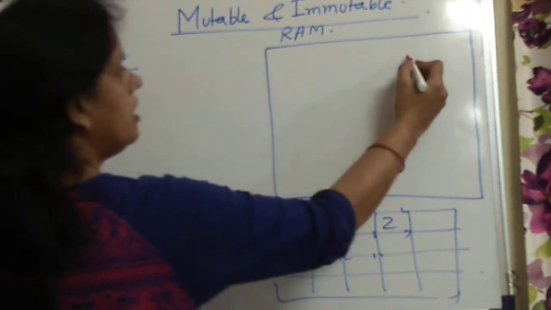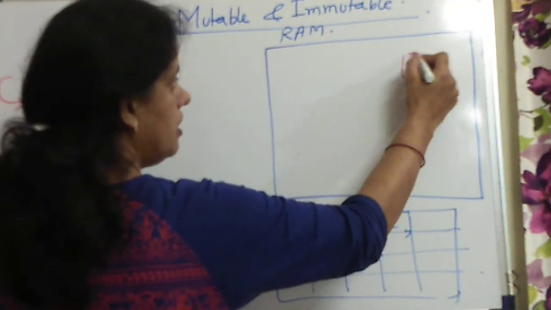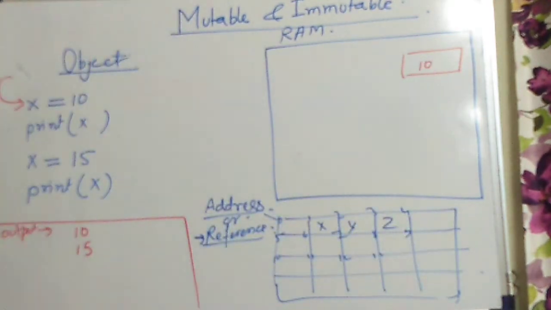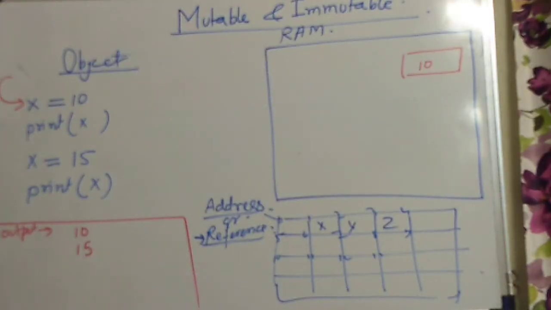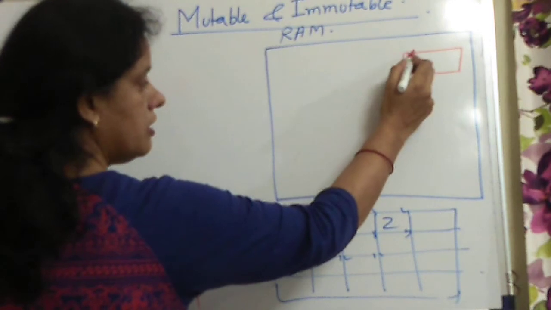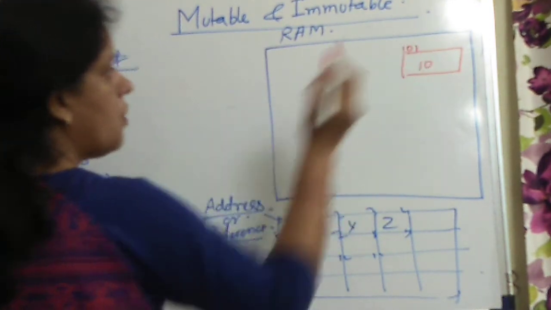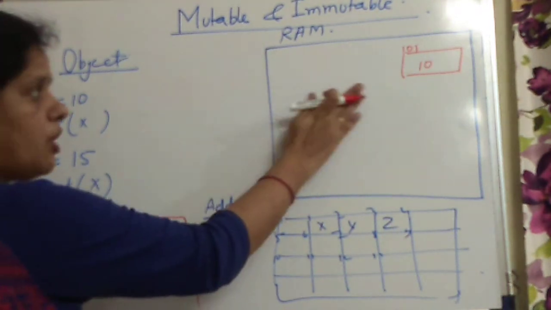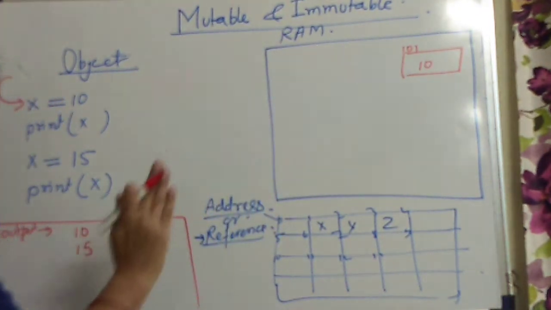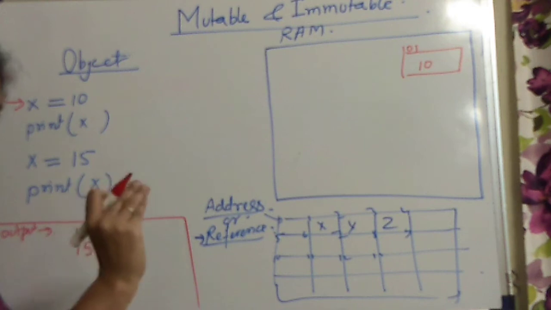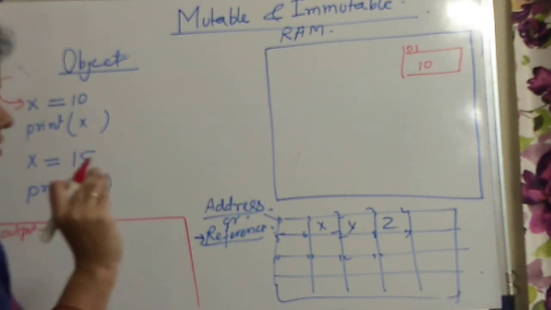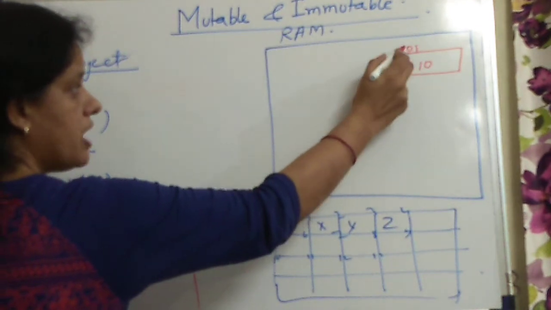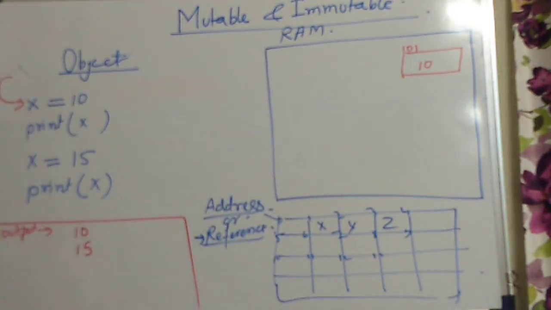So somewhere in the memory, 10 will be stored, and suppose this block's address is 101. As I told you, each block in the RAM has a unique address. So wherever 10 is stored, that box has the address 101, right?